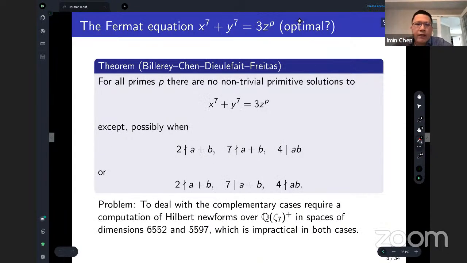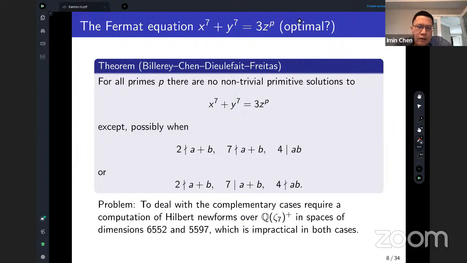And to deal with the remaining cases, just to give you an idea of the computational difficulty, one has to compute in Hilbert new spaces of dimension about 6,000. And throughout my talk, when I quote these dimensions, I'll be quoting the dimension of the new spaces. Of course, to compute the new space, you also have to compute the full space of cusp forms.